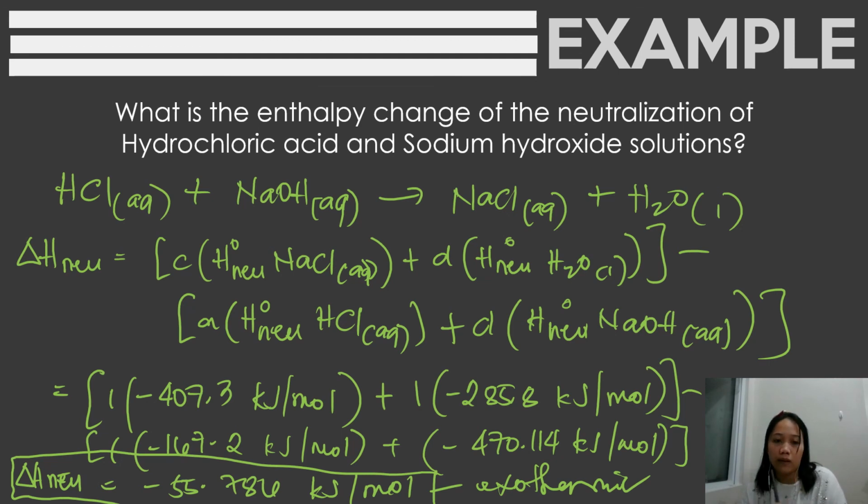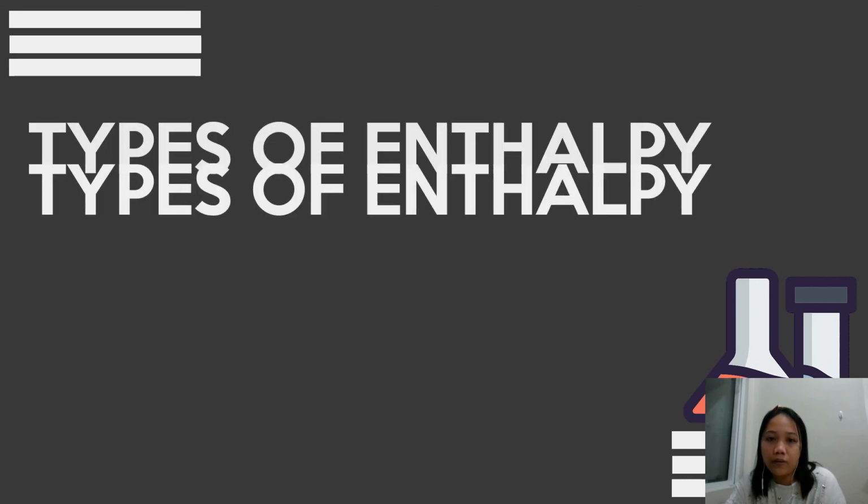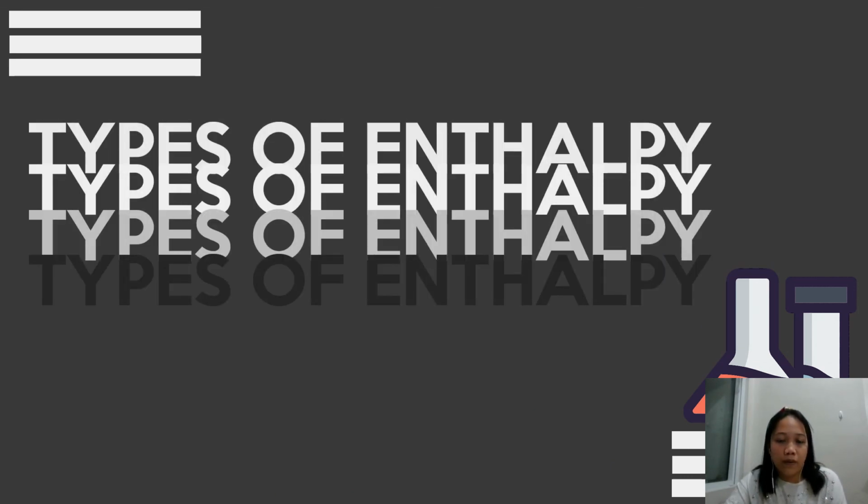So that's negative 55, it's releasing energy and it's exothermic. So if in this problem you were asked what is the change of enthalpy in a combustion reaction, then definitely you should have oxygen in your reactant, and carbon dioxide and water in your products. So that's it. And that would be the end of our pre-recorded video involving the types of enthalpy.